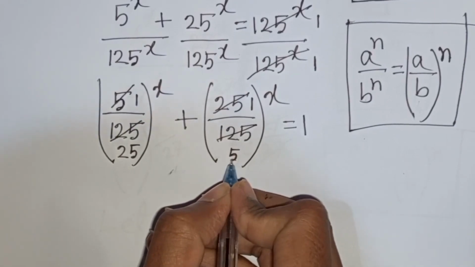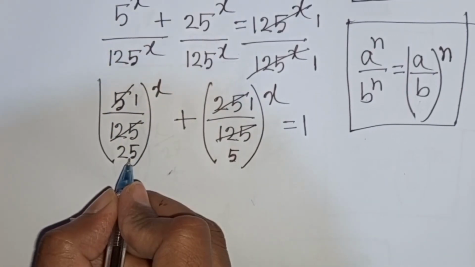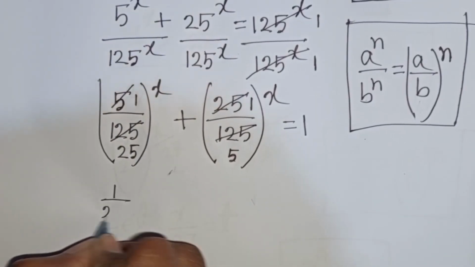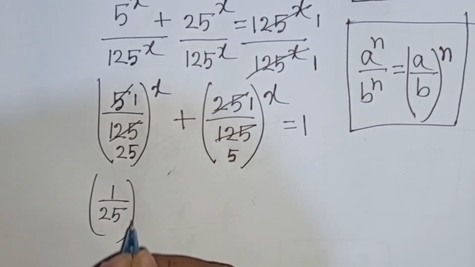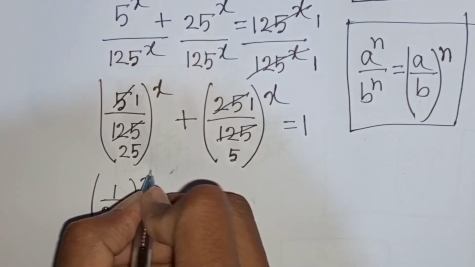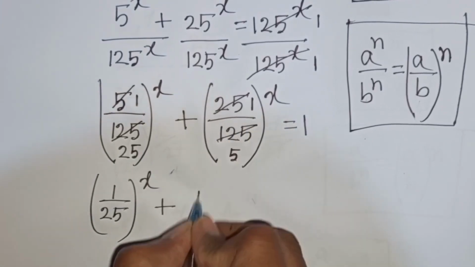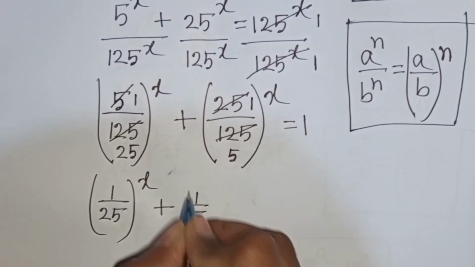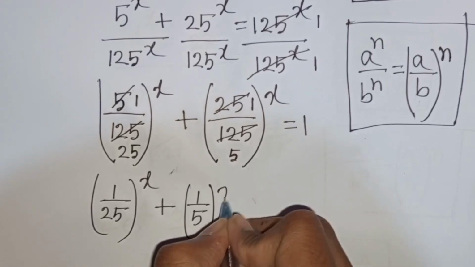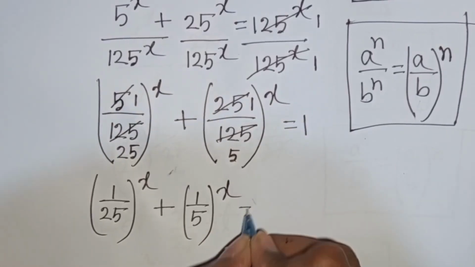So we have 1 over 25, then bracket power of x, plus 1 over 5, then bracket power of x is equal to 1.